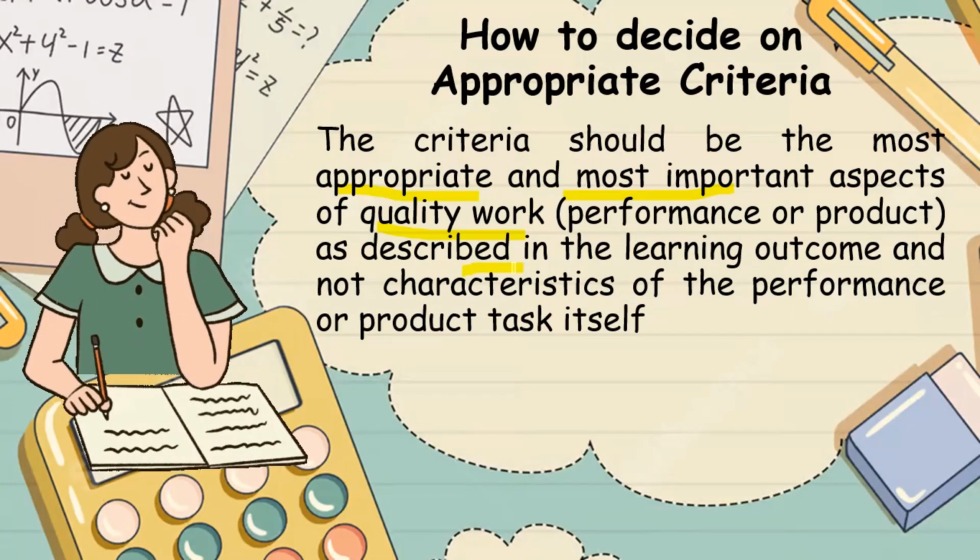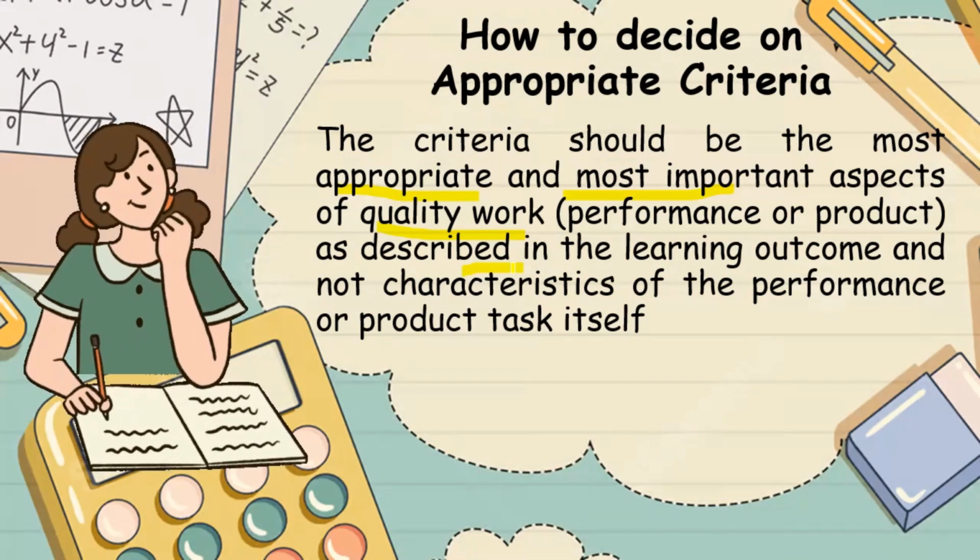For example, examples of the aspects of the quality performance or the product which are evidence of learning and the attainment of the learning outcome should be assessed by a rubric.